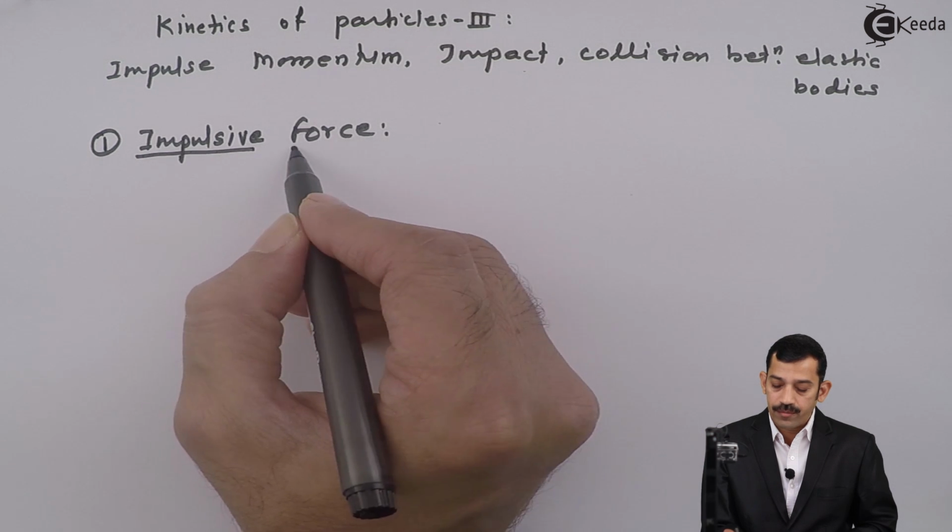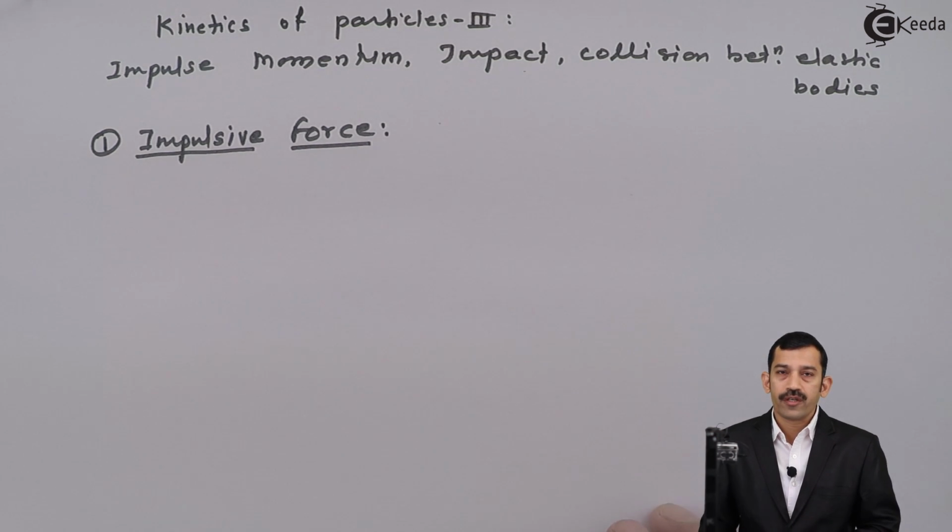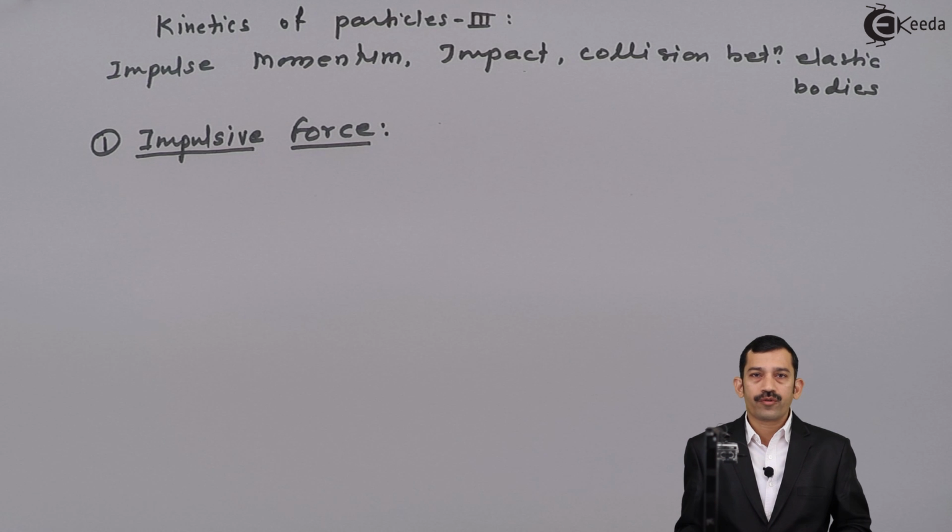Now impulsive force means which type of force? Impulsive force is a force which is developed or exerted when two bodies collide with each other in a short interval of time.